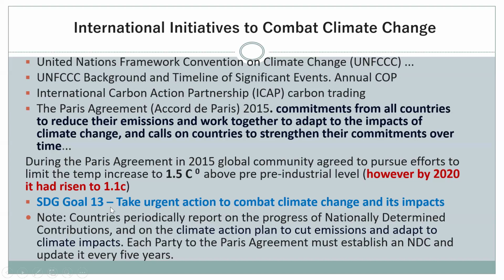Goal 13 says, take urgent action to combat climate change. So countries, as individual countries, have to report on the progress of nationally determined contributions, the climate action plan to cut emission and adapt to climate impacts.